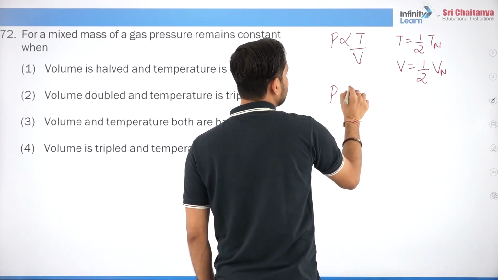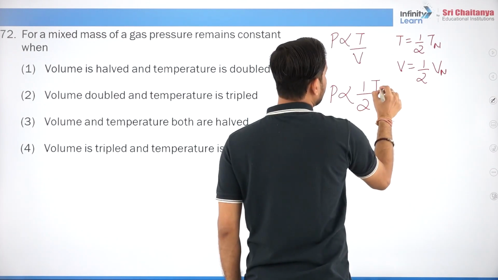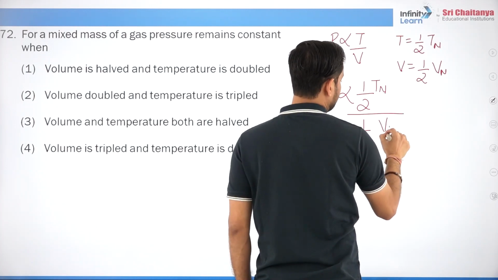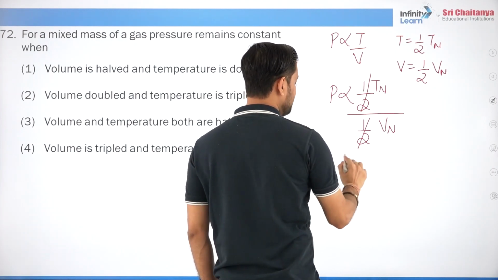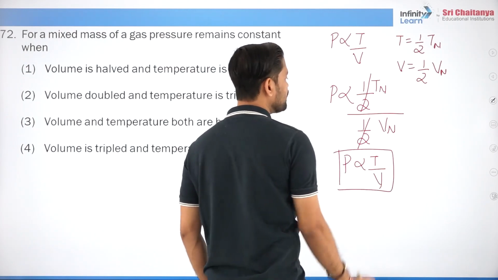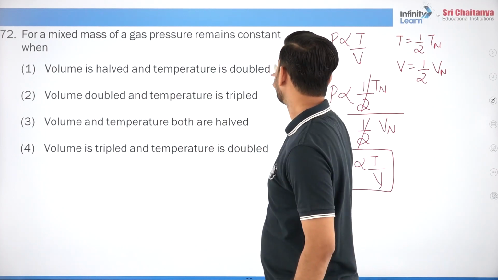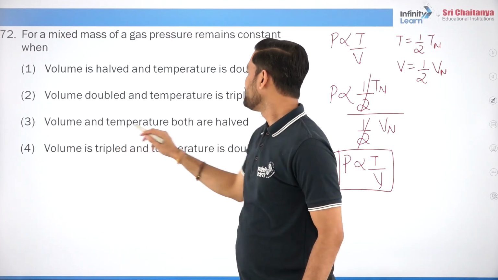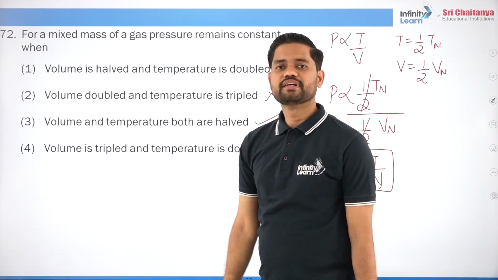So can I again say pressure is directly proportional to 1/2 new, whole divided by 1/2 new. Can I say this half and this half get cancelled, and again pressure comes out to be the same thing. That means pressure is not affected. So volume is halved and temperature is doubled, not the right answer. Volume is doubled and temperature is tripled, not the right answer. Volume and temperature both are halved, this is the right answer. So for question number 72, the option is 3.